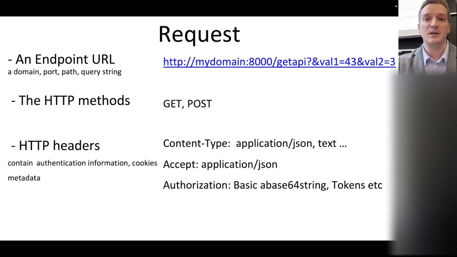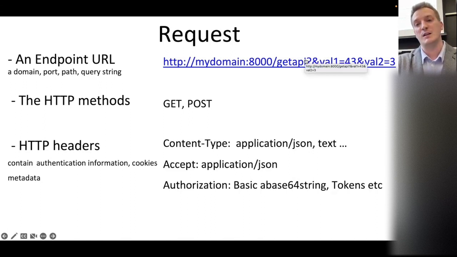On the request side, we need to think about a few parts. So this is the endpoint URL address, which contains the domain, which in our case is my domain. It should contain some port. It can contain a path, and in the standard way the endpoint URL is just these parts, and it could also contain a query string.